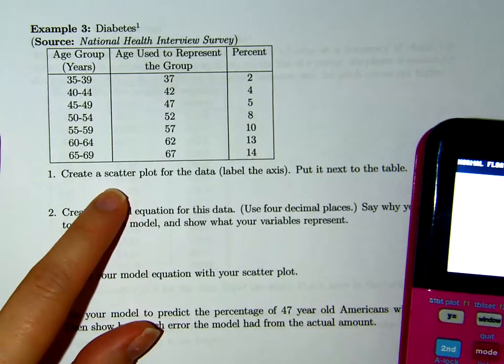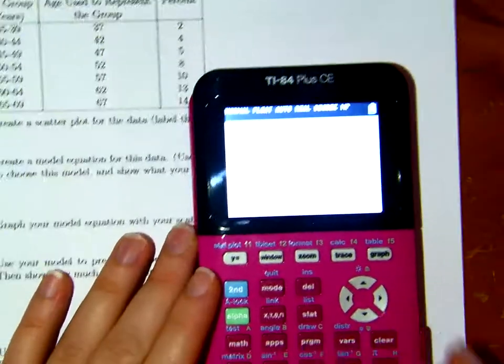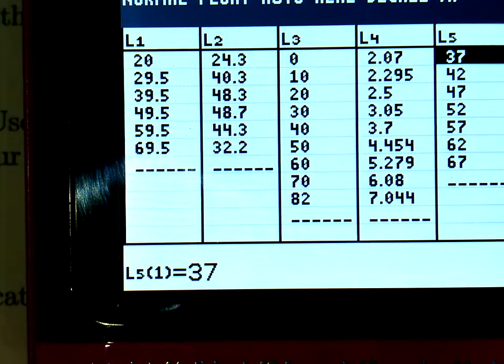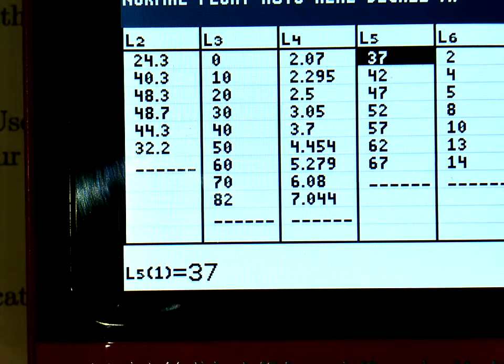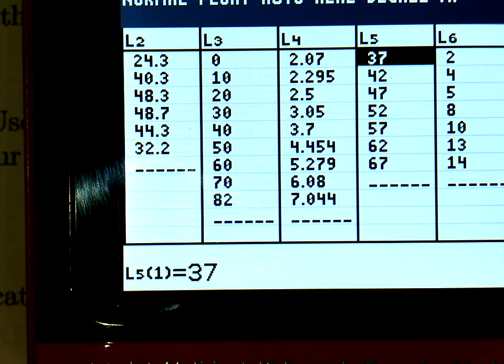Okay. Create a scatter plot. Of course, we begin with stat, edit, and I have put this into list 5. So there's the age representation for that span of 4 years of life. And here are the percentages that correspond, remember, so they have to line up because 2% corresponds to this age group of 35 to 39-year-olds.